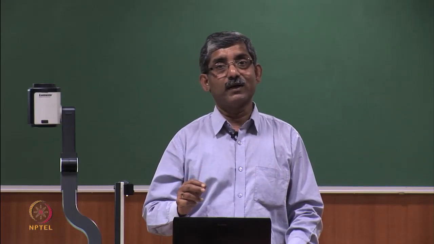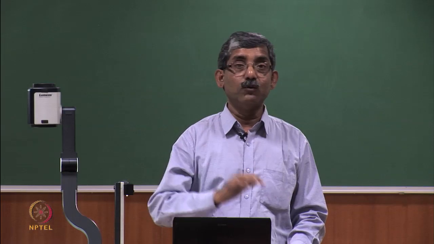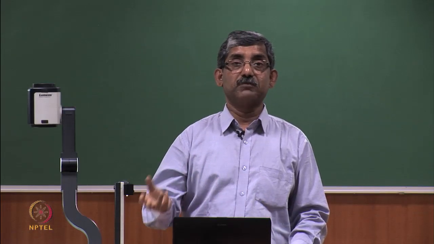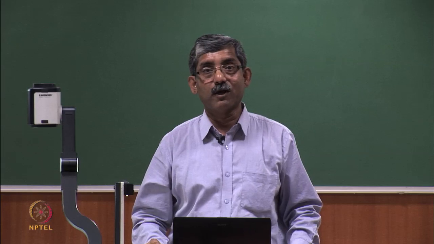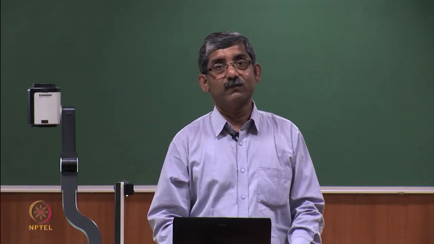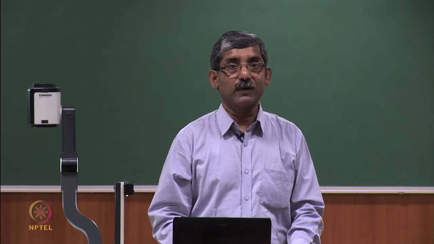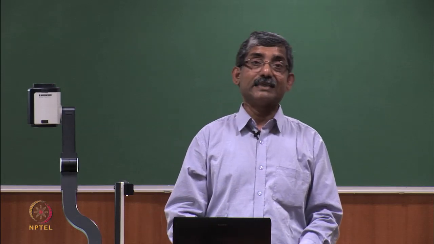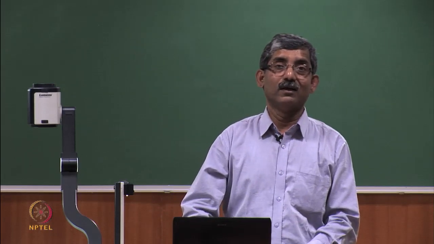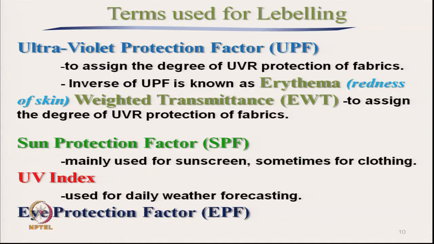In addition to that, it depends on the type of cloud or other environmental factors. So, the UV index for a particular place may change depending on the weather condition. Another factor is the eye protection factor, EPF, which is used for sunglasses. So, these are the common terms related to UV ray protection.